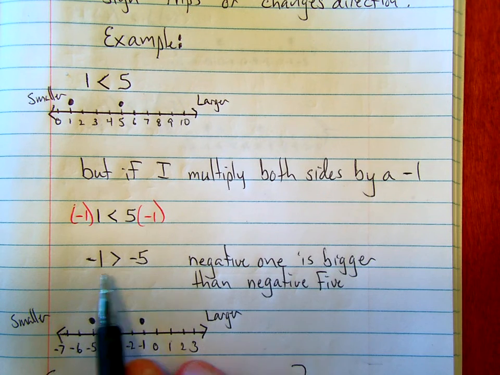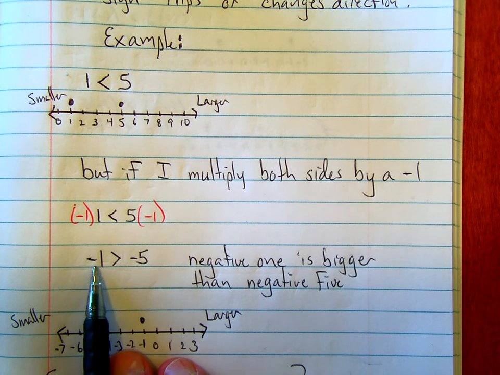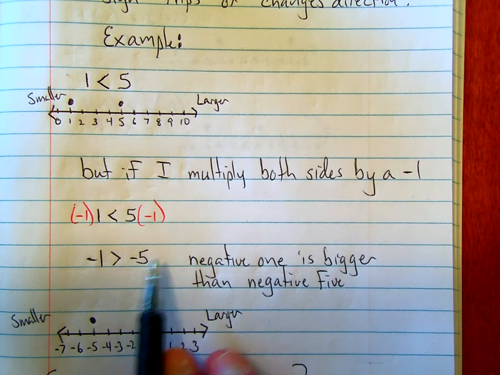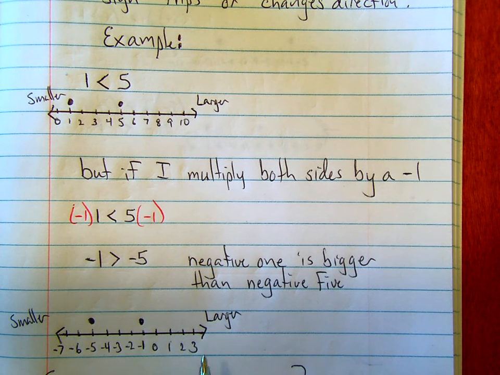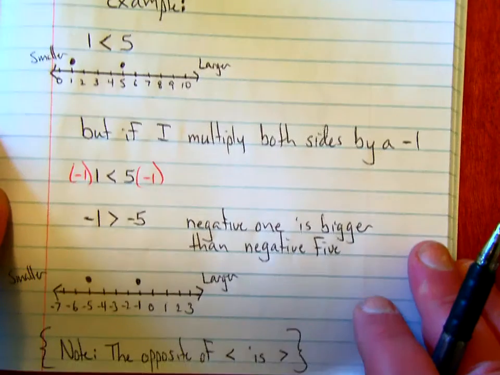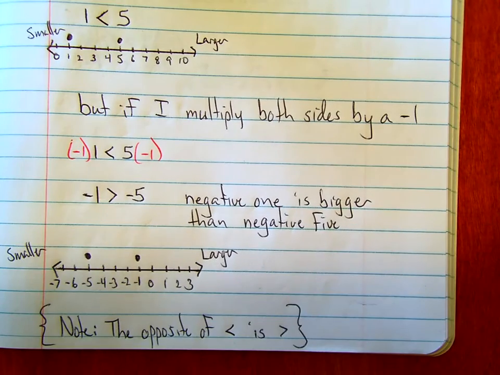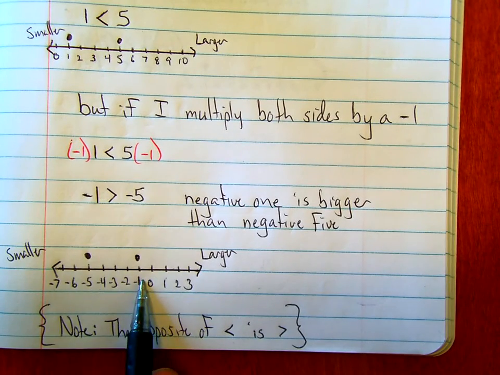Well, in this case, -1 on a number line is bigger than -5. Remember, when you're dealing with negatives, the larger the negative, the smaller the number. So it's better to owe somebody $1 than it is to owe somebody $5 or $100. So -1 is bigger than -5.